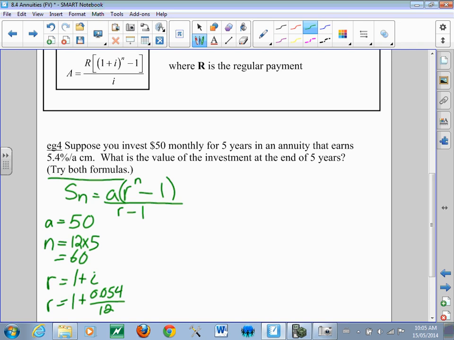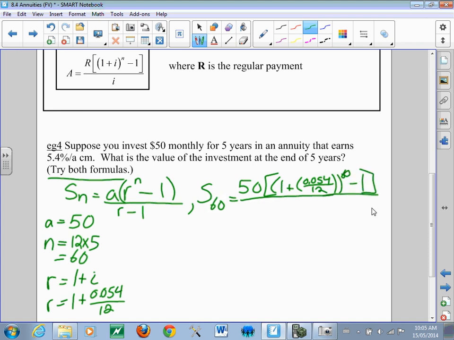Okay, subbing that in, instead of S at N, we know we got S at 60 equals my A amount, which is 50. Okay, big bracket, okay, 1 plus 0.054 divided by 12. Okay, and again, I know this is tricky because there's 3 sets of brackets. Okay, all divided by R minus 1.